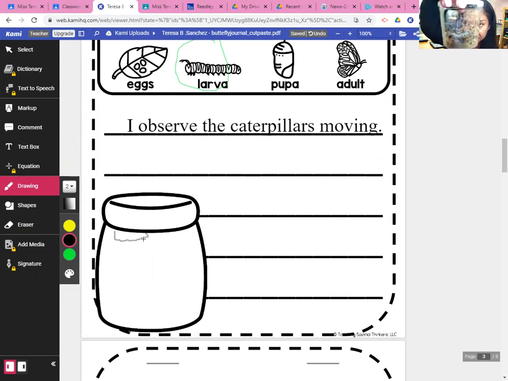I don't want to move the cup too much, sorry. There's 2 that are kind of laying flat against the lid. And 1 is kind of hanging there, hanging around.